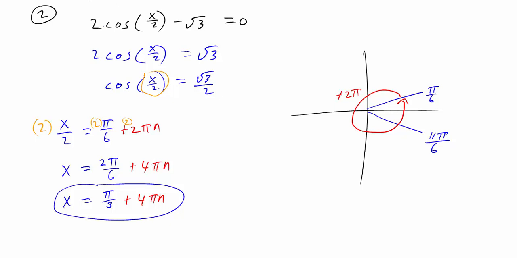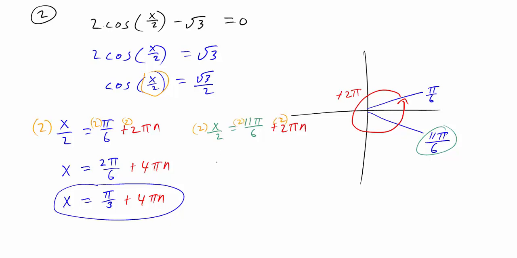And then again, for the 11 pi over 6, we would take x over 2, set that equal to 11 pi over 6. And once again, we could add on our multiple of 2 pi. And then to get rid of the 2, we're going to multiply everything by 2.